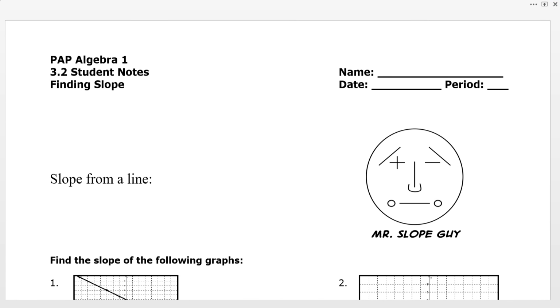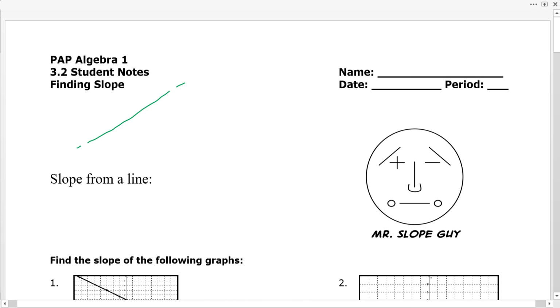Okay, so the slope of the line is how much it goes up or down, and we did this yesterday with our CBR. We talked about the slope of the line going this way, and the steeper the line, the higher the slope.